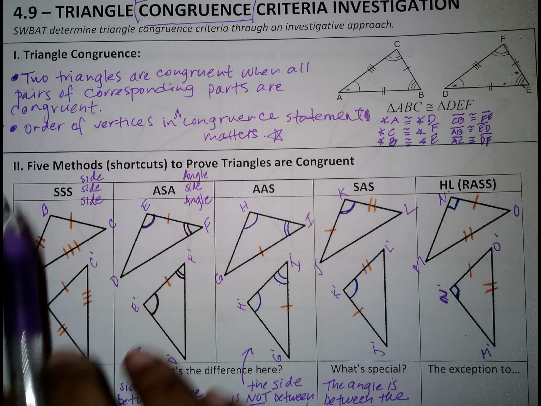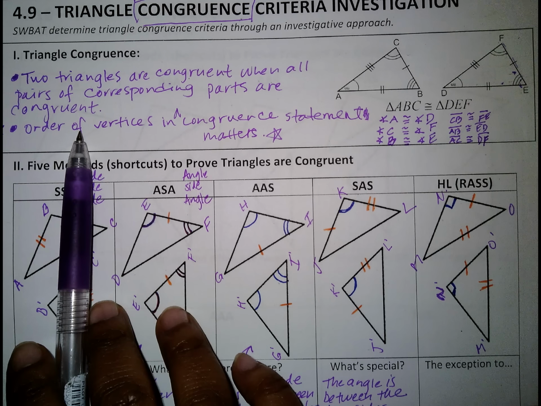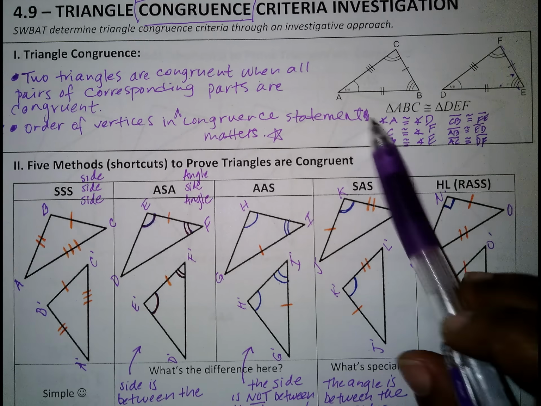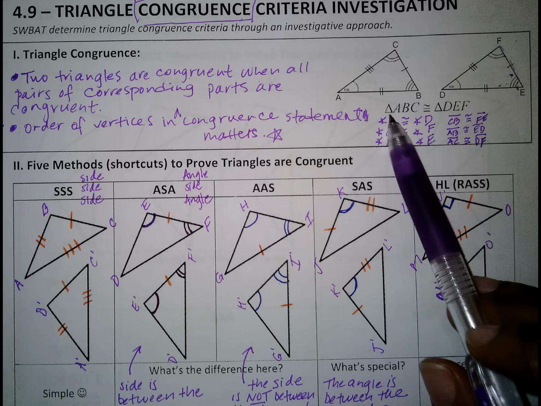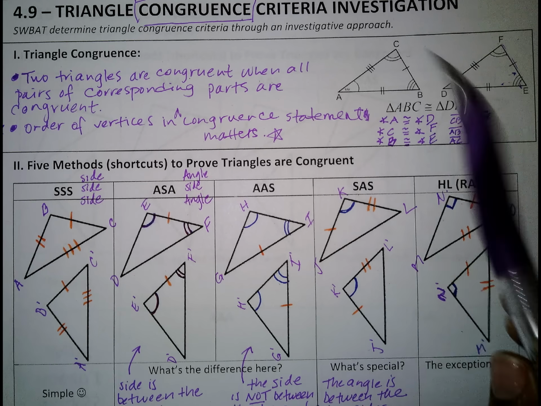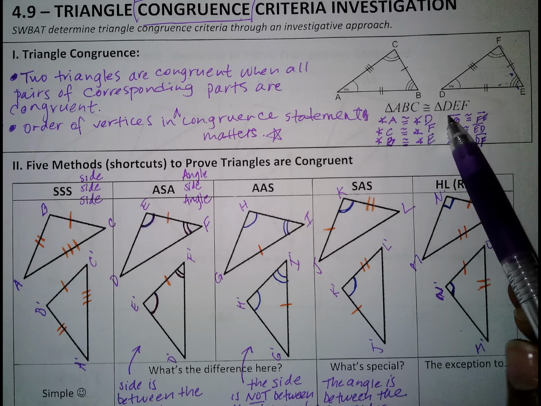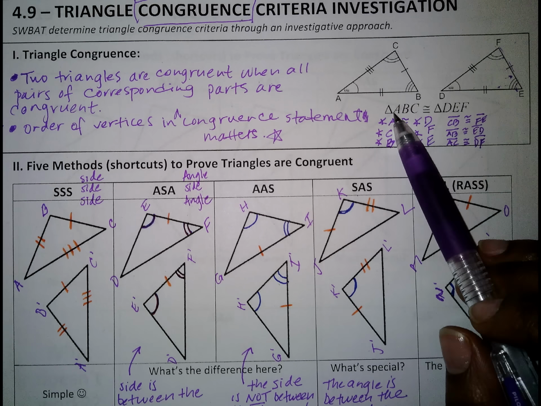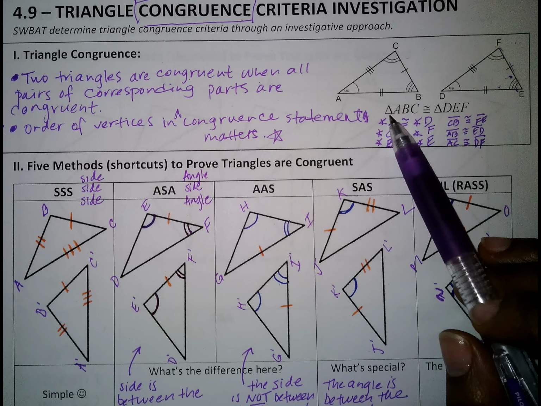One thing I do want to add: when you're naming whether triangles are congruent, the order of vertices in a congruence statement matters. If you look at the way this was named, triangle ABC is congruent to triangle DEF. Notice the way they're named is literally how the angles correspond.